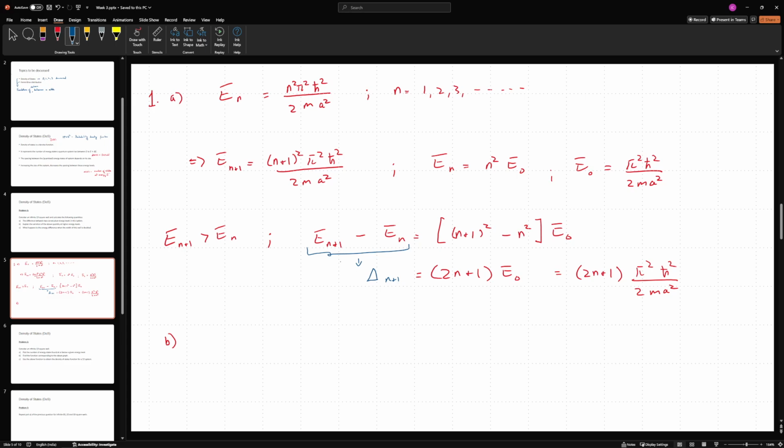This is essentially the energy difference. Now, first thing we can say directly is delta n plus 1 increases with n.